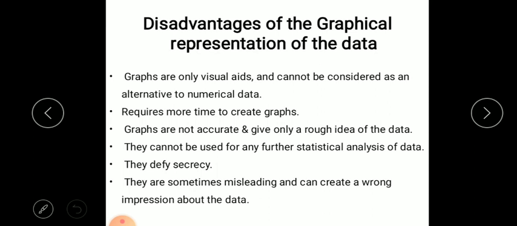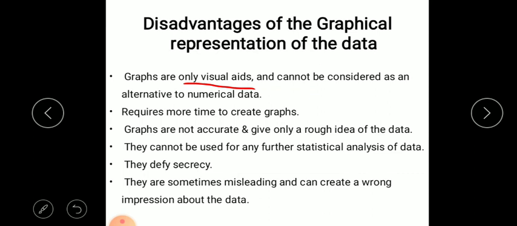Graphs are only visual aids. They cannot be considered as an alternative to numerical data. The numerical data is your actual data that you have collected. So graphs give you an overall picture of the numerical data. You cannot substitute the textual or the numerical data with graphs.